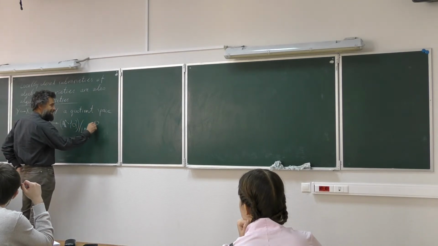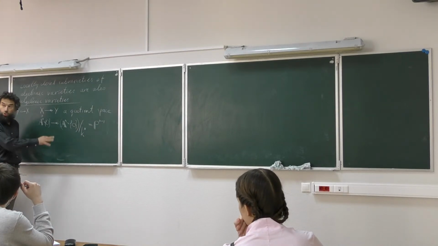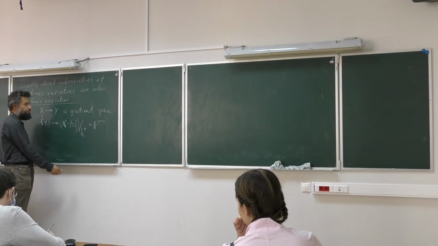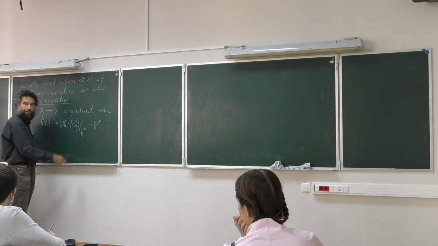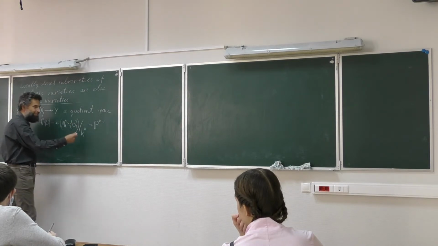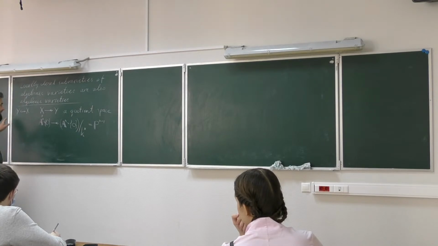In other words, just projective space P^(n-1). Your whole home assignment will be about this example. So in this example, it is possible to equip this quotient space with the structure of an algebraic variety, and this is the most important algebraic variety, projective space.